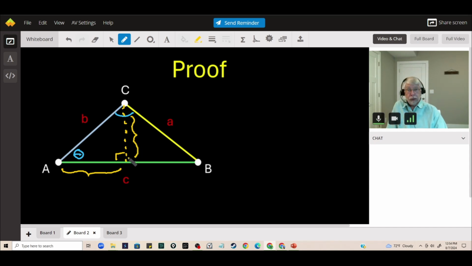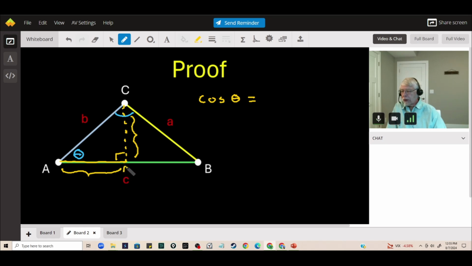Now it's a 90-degree angle, so all I have to do is say, well, I know that the cosine of theta is equal to what? Adjacent side over the hypotenuse for a right triangle. So that's just going to be this distance right here. And let's just mark this as D.